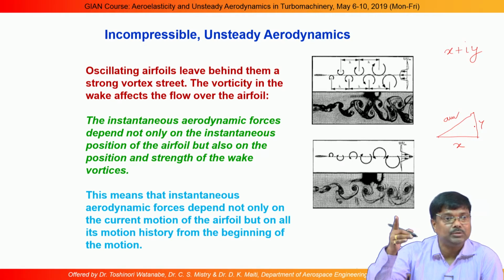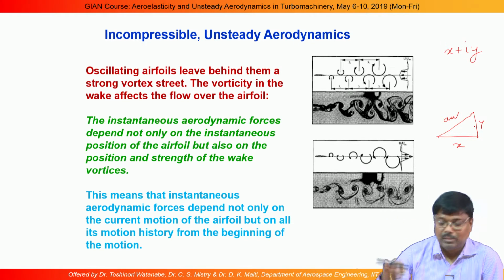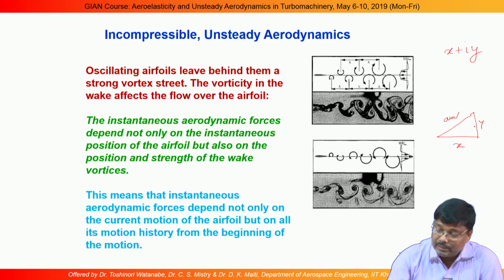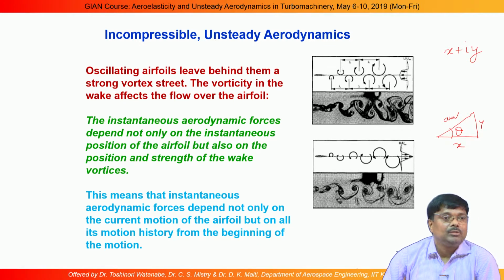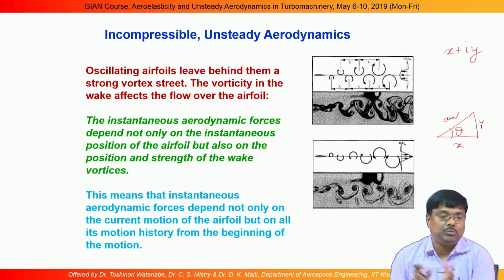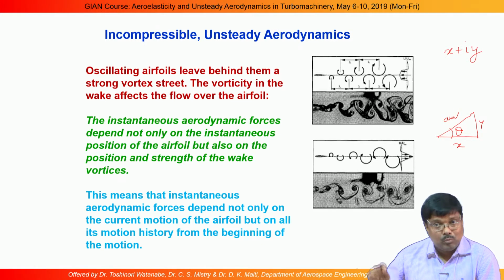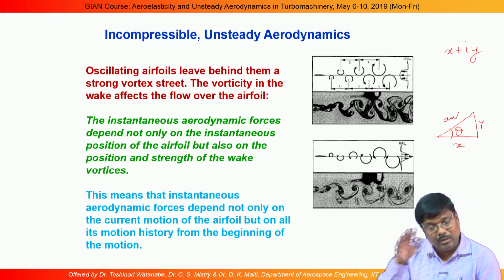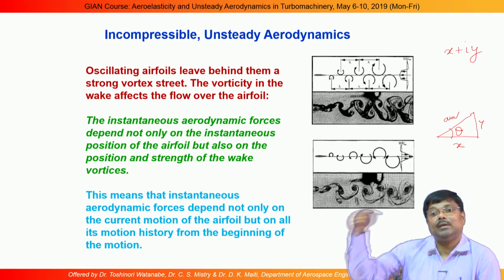Usually the y axis we consider as the imaginary axis, the x axis is the real axis, and this gives us the angle. That angle in the physical sense is the angle, but when I go to the time domain, it is a phase lag. The time difference between the force and the instantaneous force means a vortex has crossed the aerofoil section, and that is having an effect.